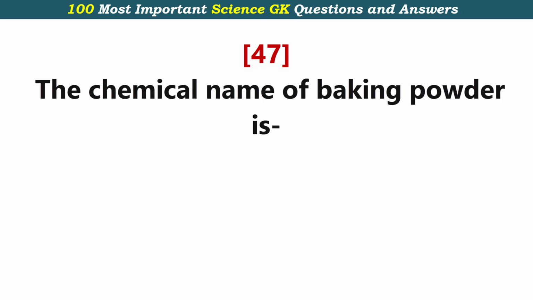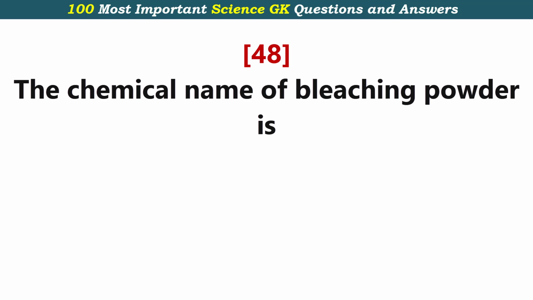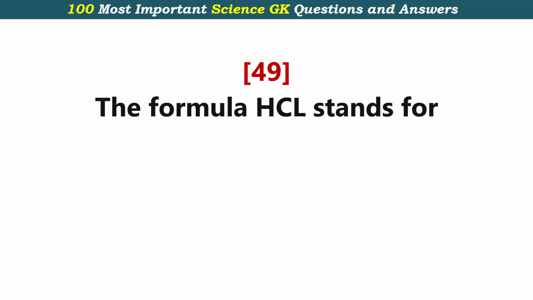The chemical name of baking soda is? Answer: Sodium bicarbonate. The chemical name of bleaching powder is? Answer: Calcium hypochlorite. The formula HCl stands for?